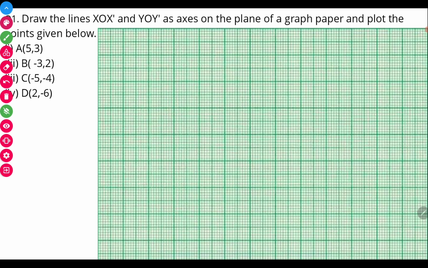Let's start with the first question. Your first question is: draw the lines XOX' and YOY' as axes on the plane of the graph paper and plot the points given below. You have to show all these points on your Cartesian plane. So let's start.